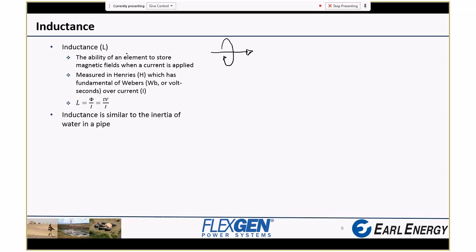A mechanical analogy for inductance is that in a pipe or garden hose, you have water flowing. You turn on the spigot, water starts flowing.